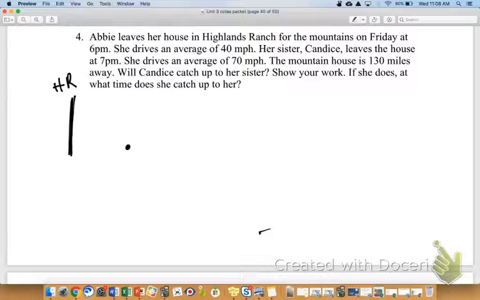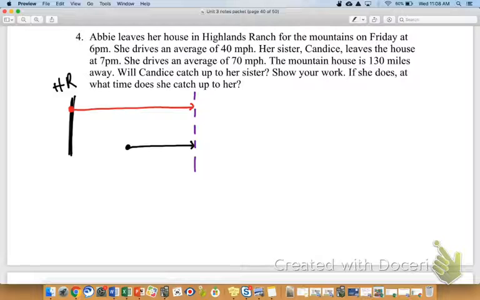Abby jumps out to a head start. She takes off for the mountain house. And Candace didn't get the head start. She also takes off for the mountain house. And wouldn't this dotted line out here that I'm drawing represent the place that Candace would catch up to Abby?